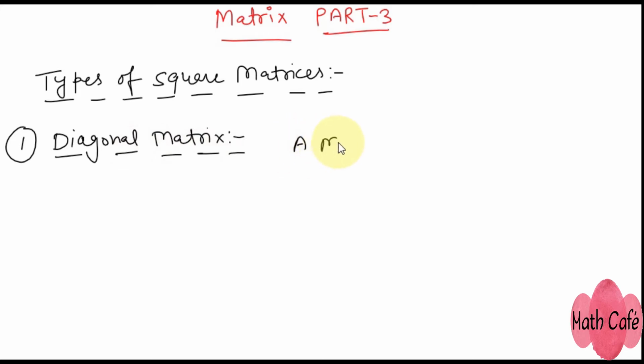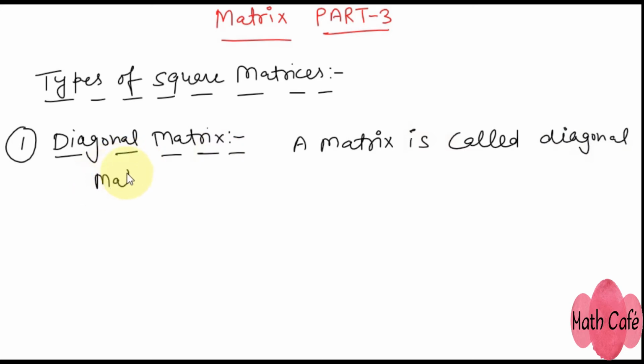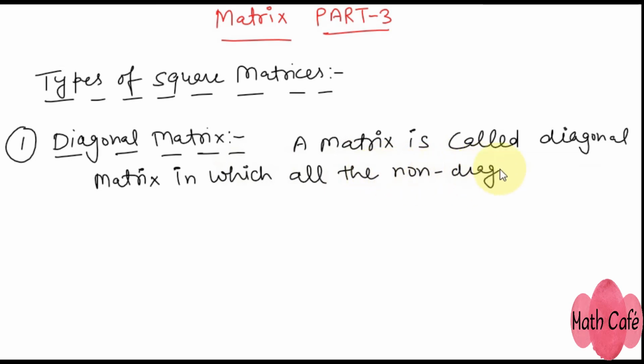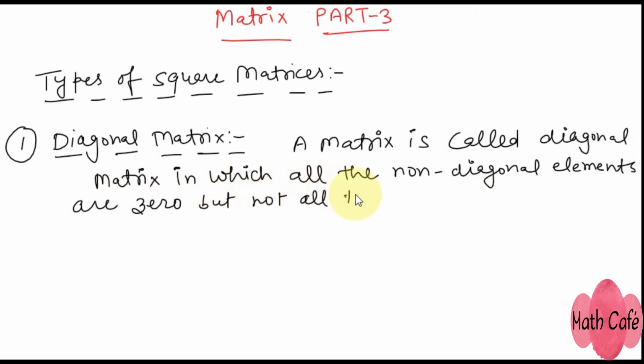So a matrix is called diagonal matrix in which all the non-diagonal elements are 0, but not all the diagonal elements are 0.